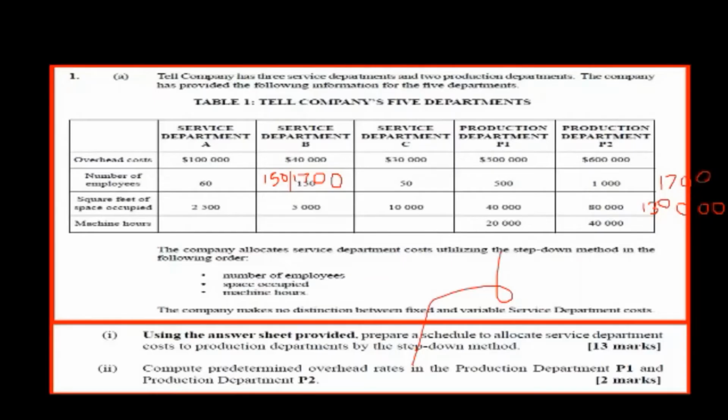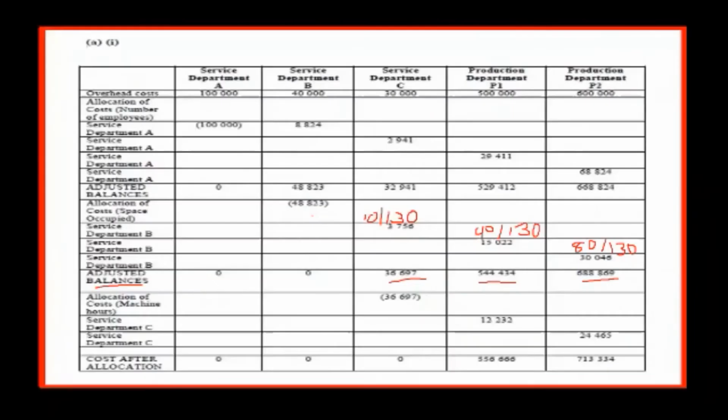So we'll add it and we'll get 60,000. Uh, 6,000. One more zero. Okay, and this one will get 20,000 over 60.